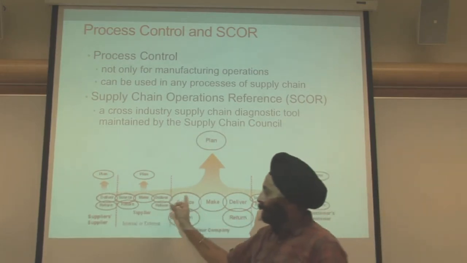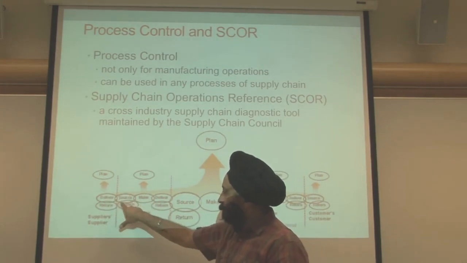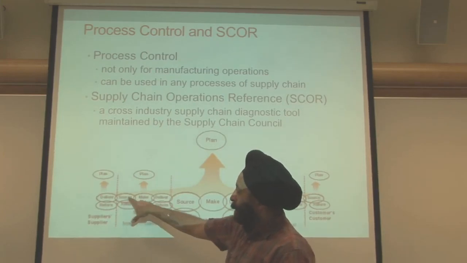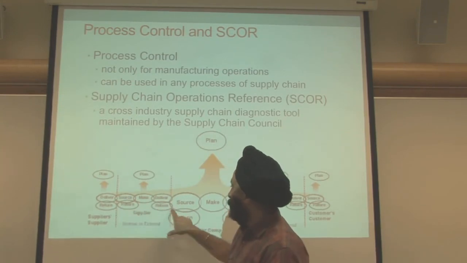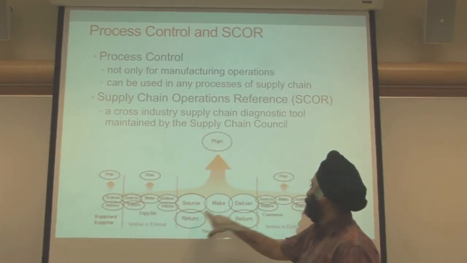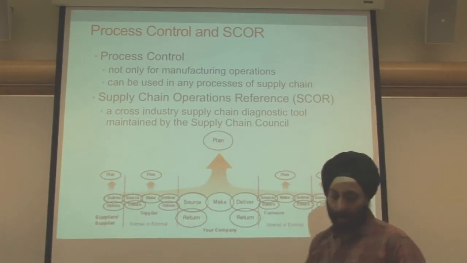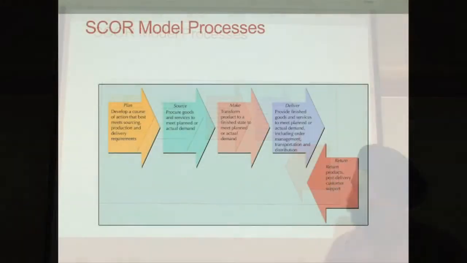Throughout this, there is a delivery by the supplier, which is connected with the sourcing of that product, making, delivering, and as necessary, return. And then the same thing: source, make, deliver, return in every aspect of the supply chain. Those four aspects are key.